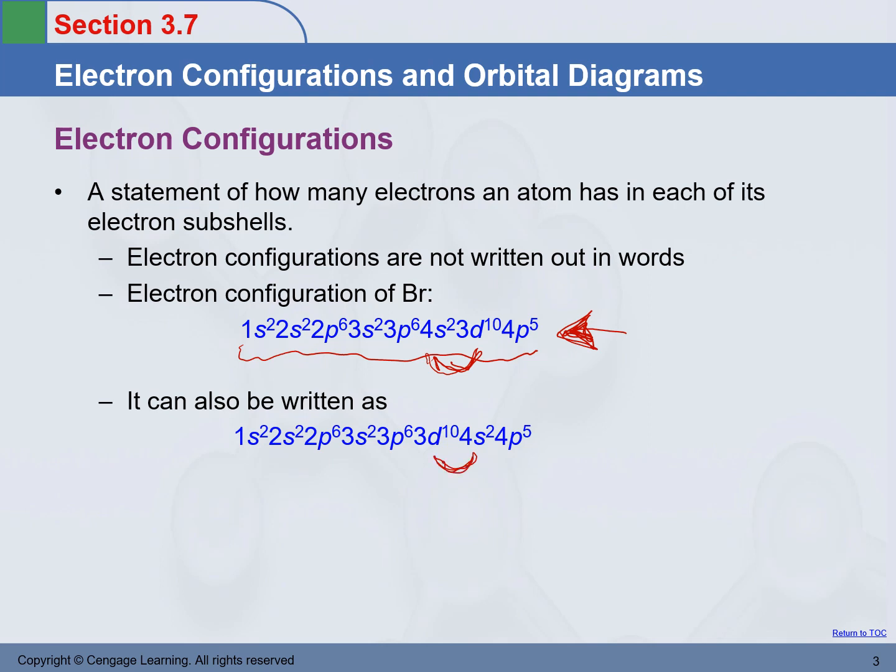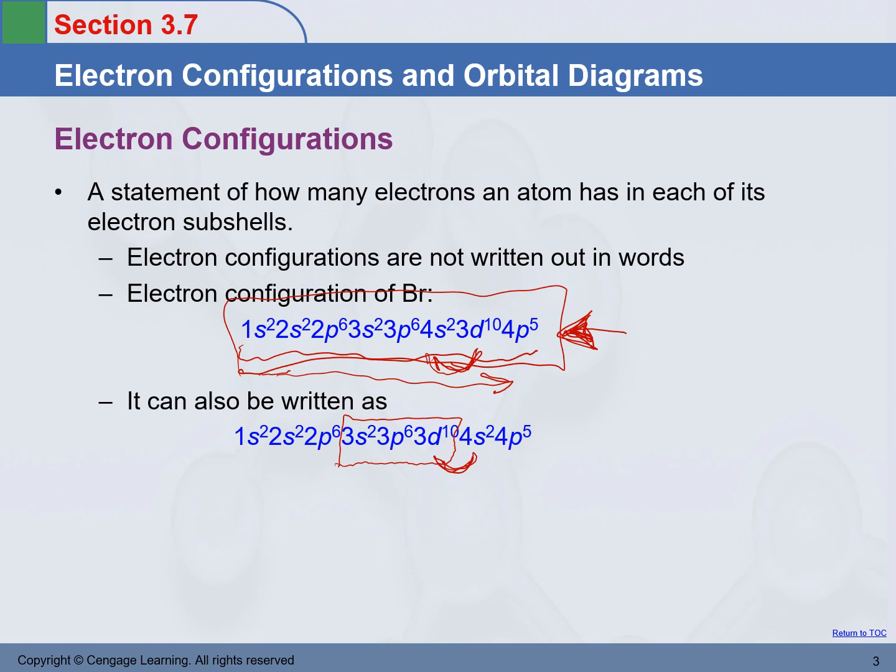Sometimes people group all the shell number 3 together. Regardless of which one you use, the electron configuration is written in the sequence of the subshells being filled.